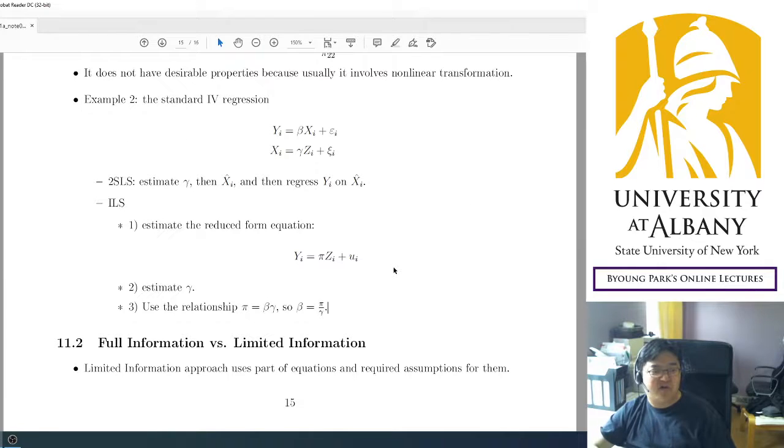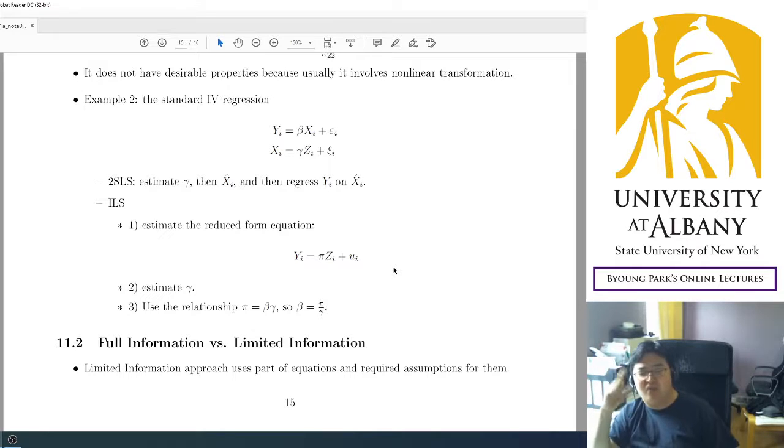And then another different thing to think about in the estimation is this: suppose that there are 10 endogenous variables. So there are 10 equations, but you are interested only in one of them. You are looking at a macro model. A macro model has to consider a lot of variables at the same time.